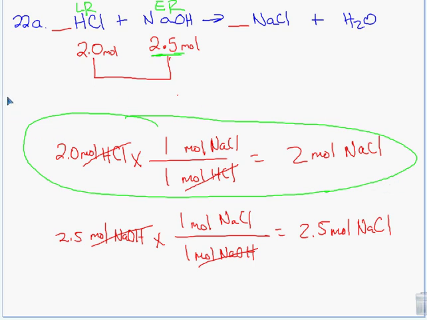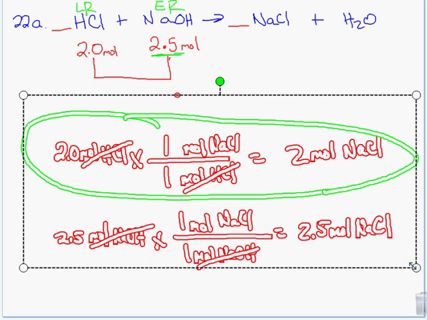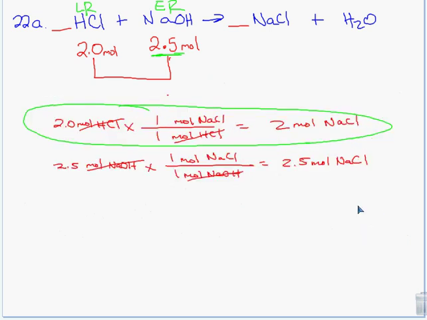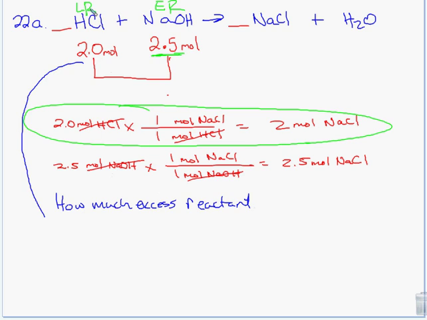Let me also squeeze this down. Okay? So here we go. How much excess reactant? We start with what we know, the limiting reactant, 2.0 moles of HCl. And we need to change that to moles of NaOH.